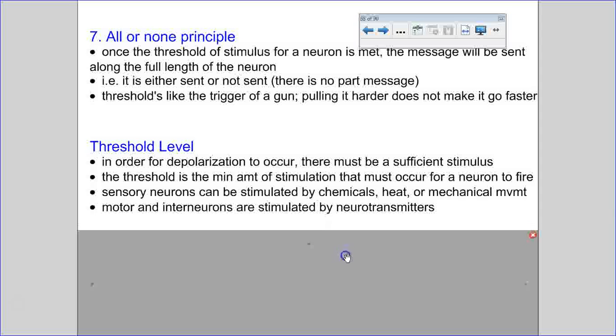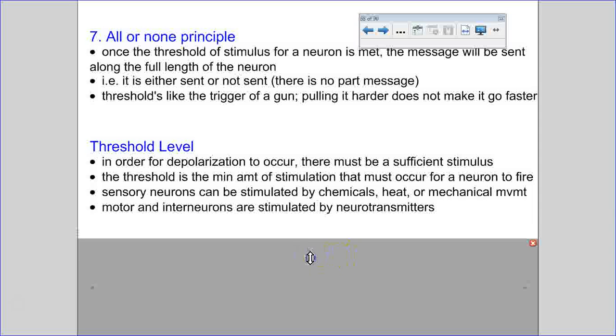So one neuron releases some neurotransmitters, then they can combine their effects and bring about the threshold level in the next one, and so on.